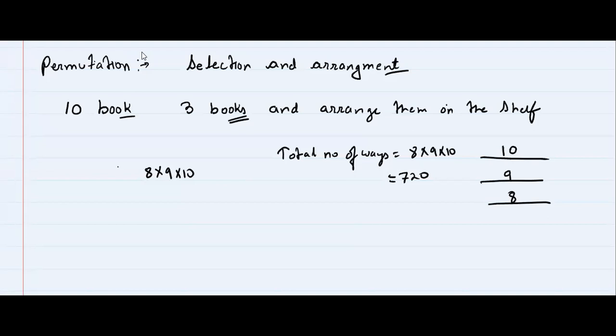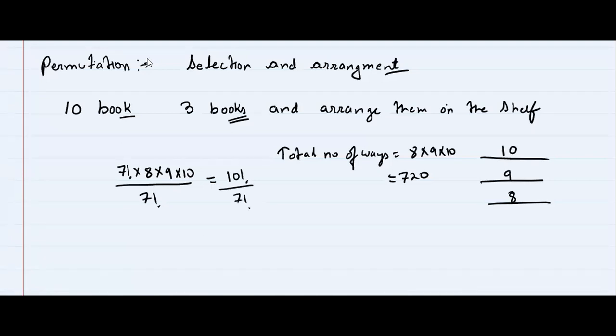Or can I write it like this, 7 factorial divided by 7 factorial? Yes or no? Can we do this? Yes. Multiply and divide by 7 factorial. Then 7 factorial into 8 into 9 into 10 will give me 10 factorial by 7 factorial.